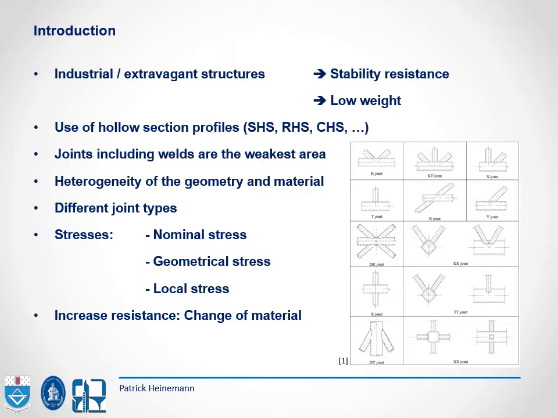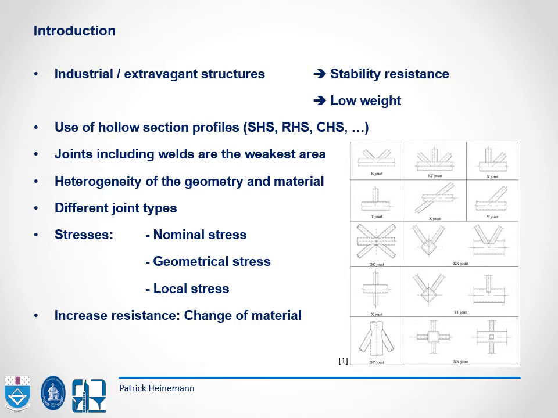On the right hand side you have a table or a figure of different joint types. It's an extraction of the standard Eurocode. In this area of the welding, you have mainly three types of stresses. The first is nominal stress, because of the force which is induced.